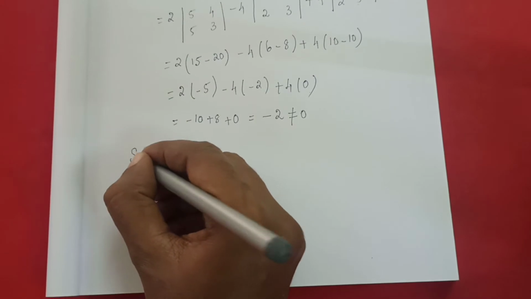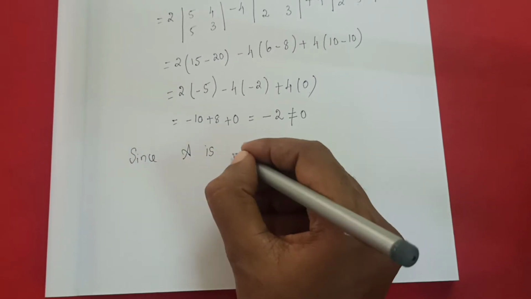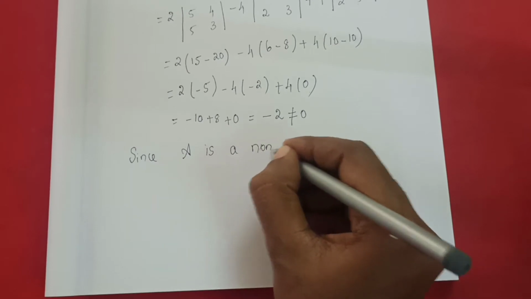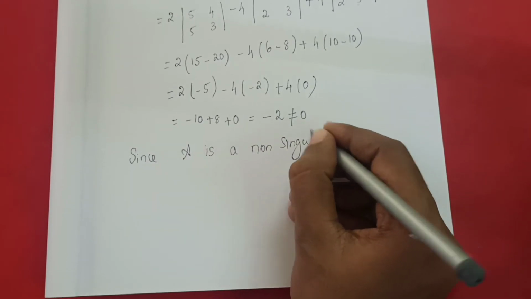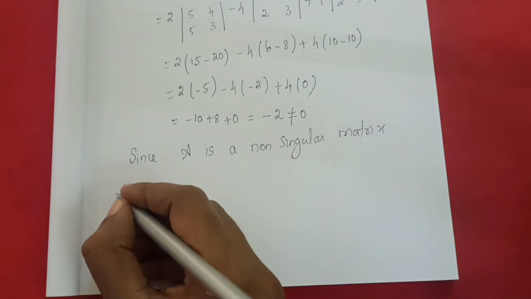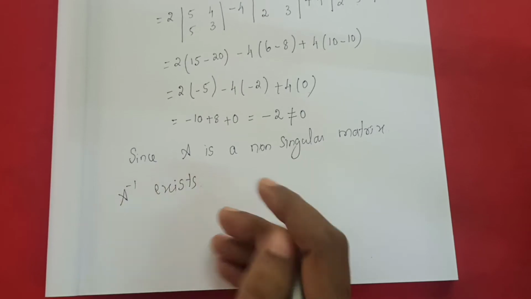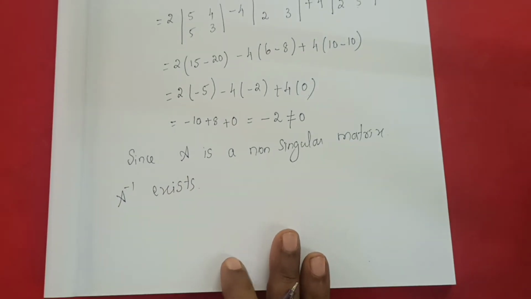So we need to write one line: since A is a non-singular matrix, A inverse exists.